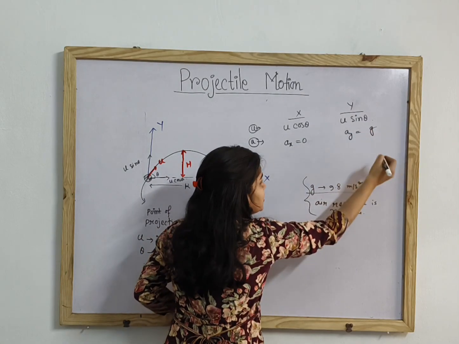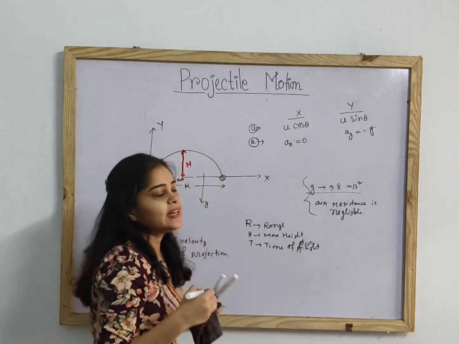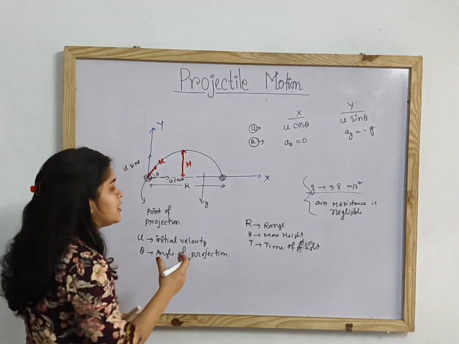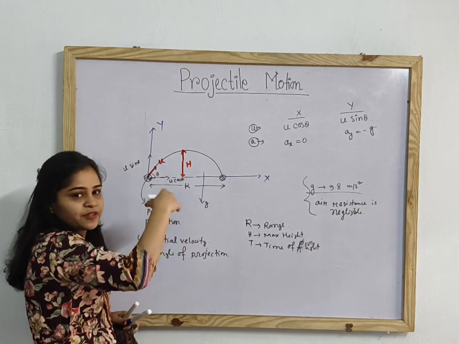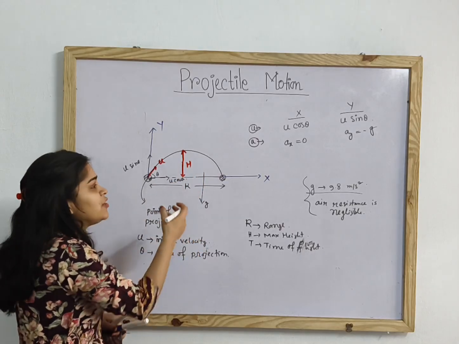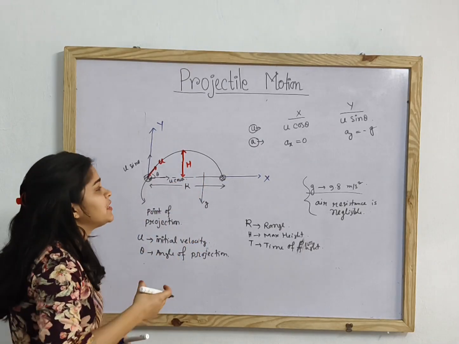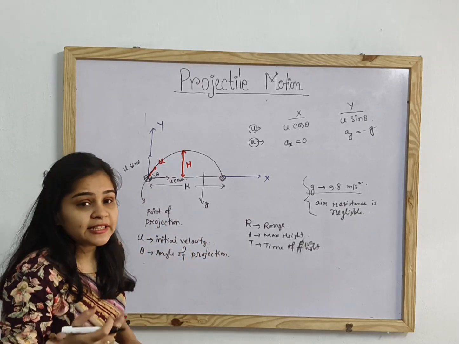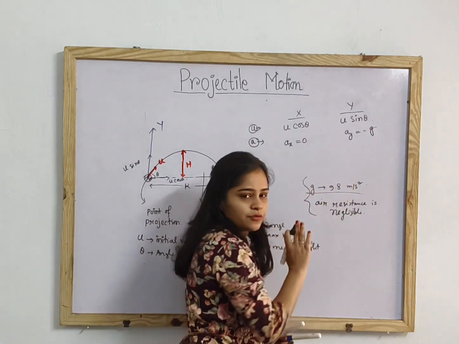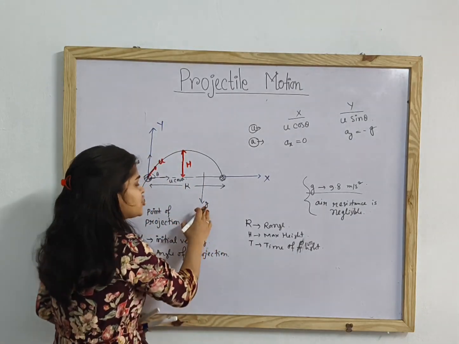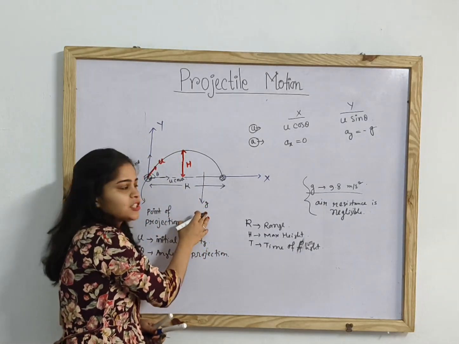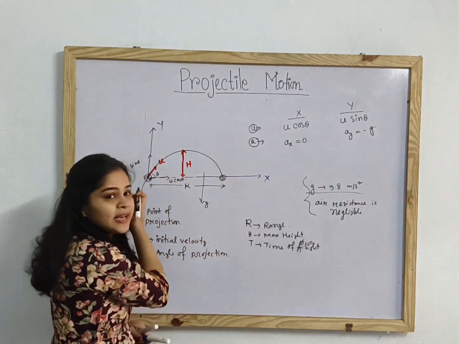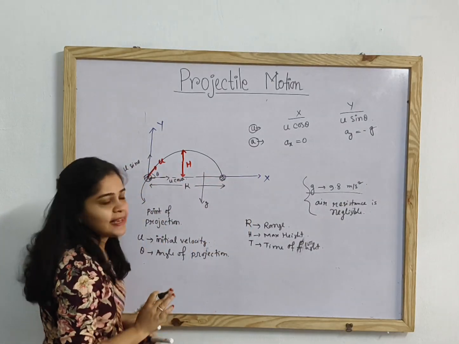Actually, we will take g as minus, because in our case we are taking the upward direction as positive. When using vector quantities, we put a plus sign if the direction is upward, and we put a negative sign if the object is moving downward. As you know, the direction of g is always downward, so I have used the negative sign here. Okay, it is clear. This is about the acceleration, so u and a are clear.